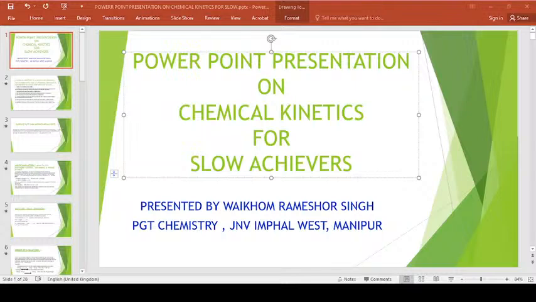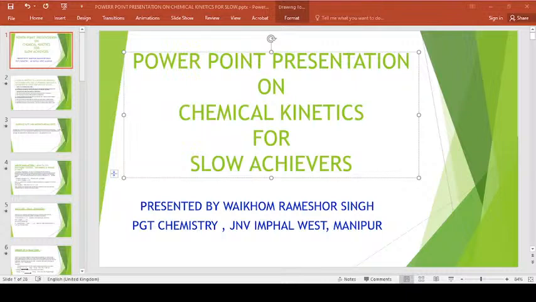Number three, catalyst normally increases the rate of a reaction, but there are some catalysts that decrease the rate of a reaction. So here I want to highlight: a catalyst is a substance which alters the rate of the reaction. The catalyst which increases the rate of the reaction is called positive catalyst, and the catalyst which decreases the rate of the reaction is called negative catalyst.